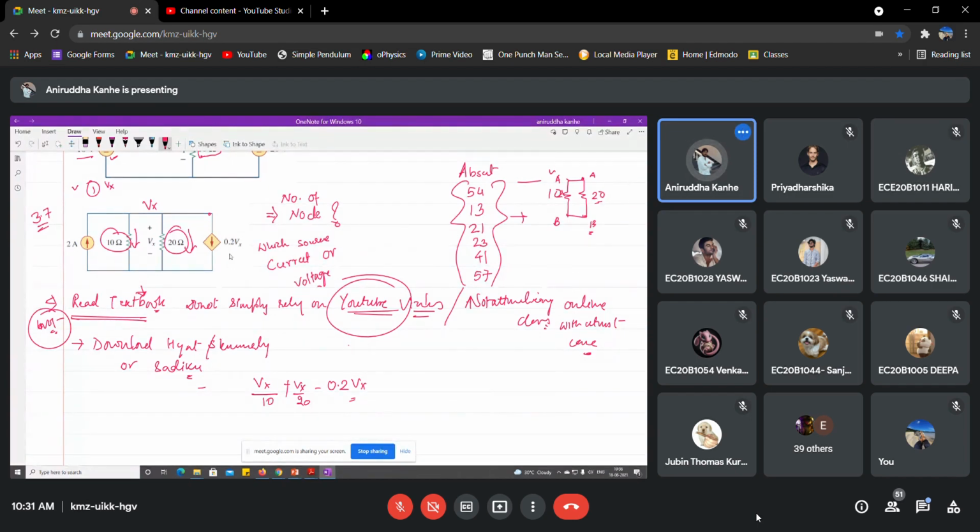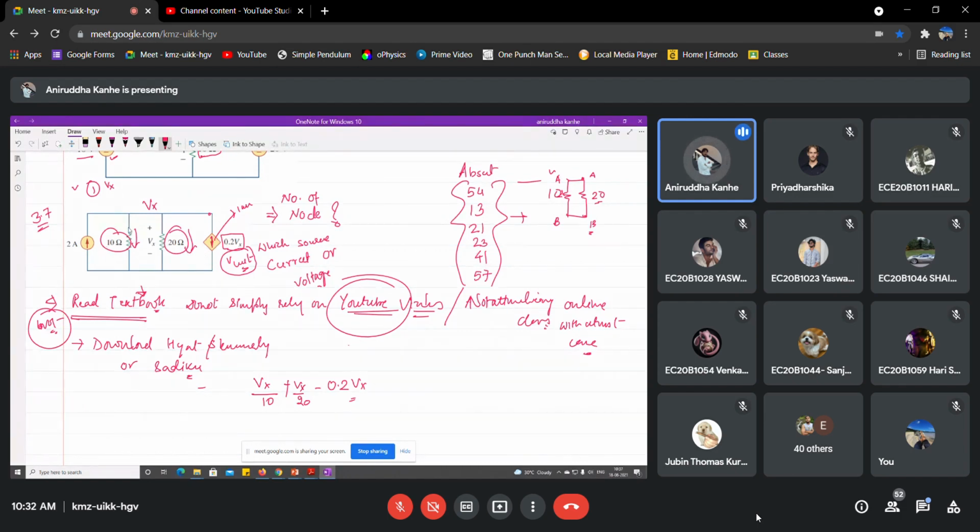See, to identify whether it's a current source or voltage source, you have to see the symbol, what it shows. If it is a directional arrow, obviously it means current source. Don't go with the value which is written outside. This Vx does not mean a voltage unit here. It only gives you the inference that it is a voltage dependent current source, right?